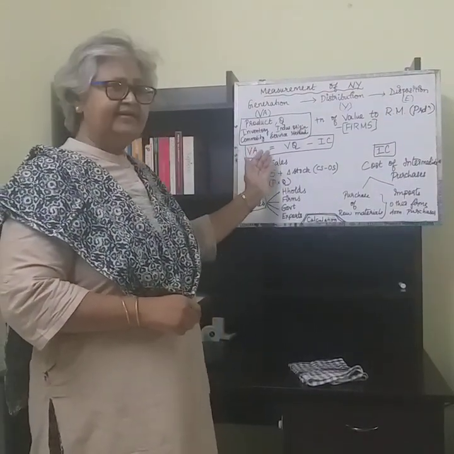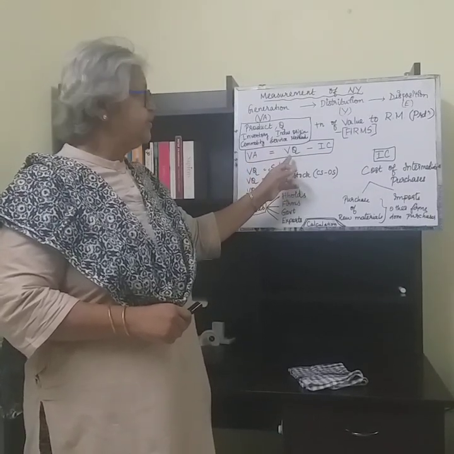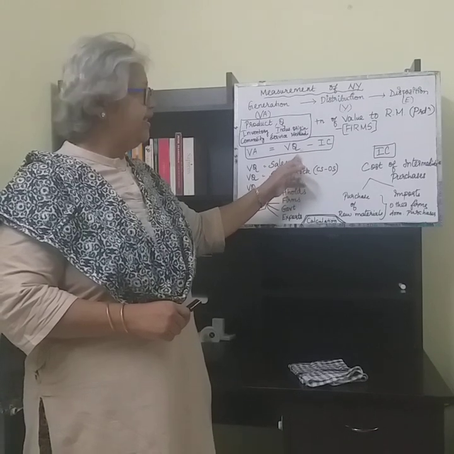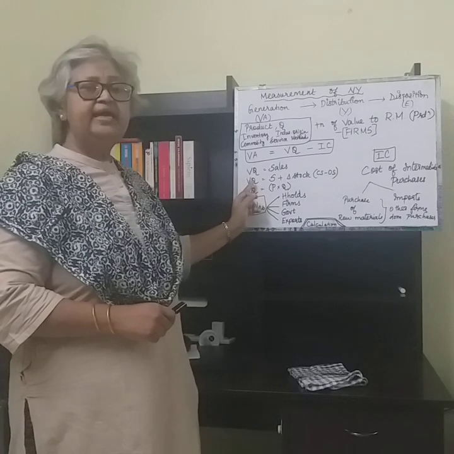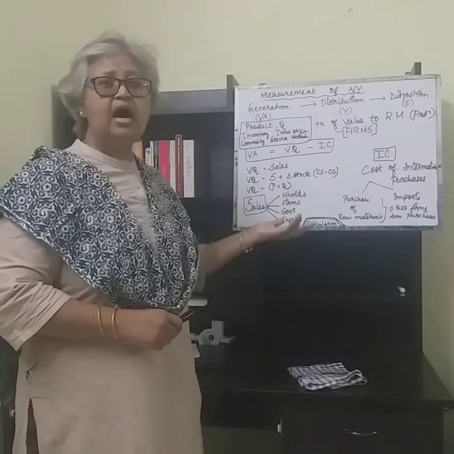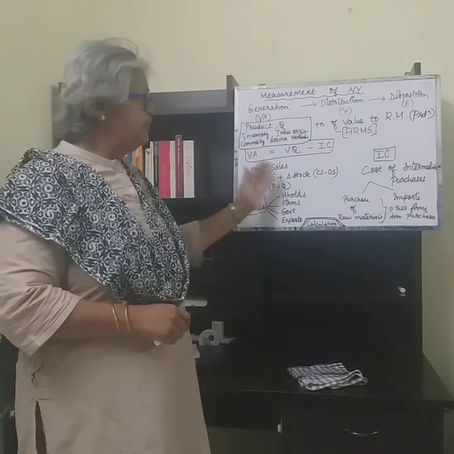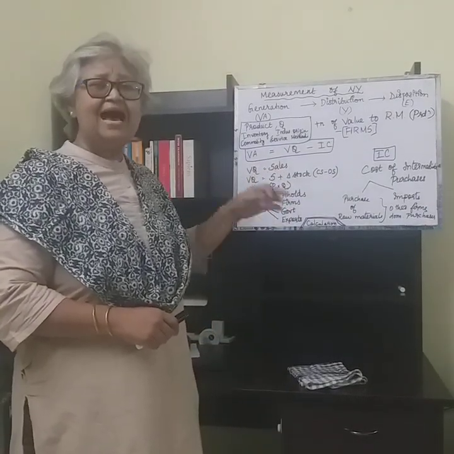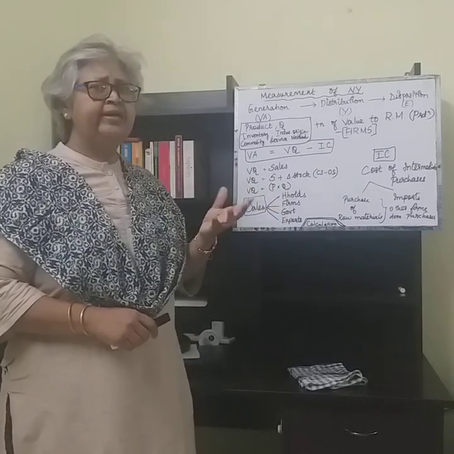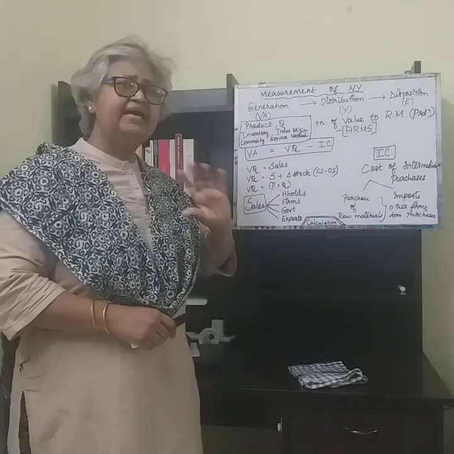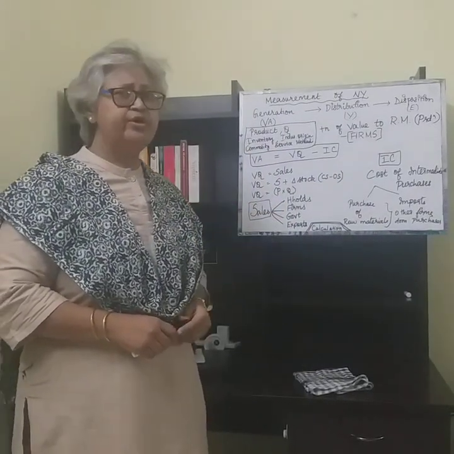So value added can be calculated as the difference between the value of the output and that of the intermediate consumption. So how do we calculate the value of the output? Value of the output will be equal to sales, ideally, if all the production units are going to supply and thereby sell off the entire output that they have produced.